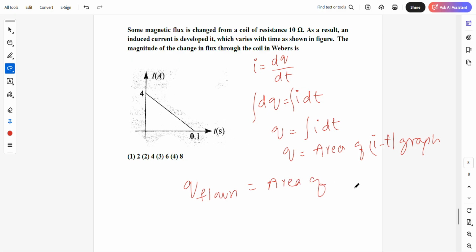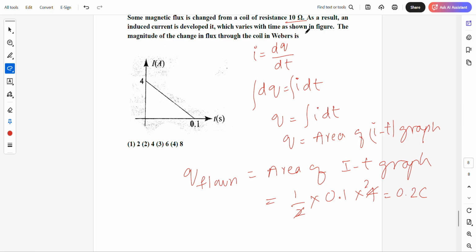what they have given? IT graph. Right, IT graph. Area ಎಷ್ಟಾಗುತ್ತಪ್ಪ? Area is equal to, this is a triangle, half into base ಅಂದ್ರೆ ಎಷ್ಟಪ್ಪ? 0.1 into 4. That is equal to, 2 times I can cancel, 0.2 coulomb ಆಗುತ್ತೆ. 0.2 coulomb. Now what we have to calculate? They have given what?